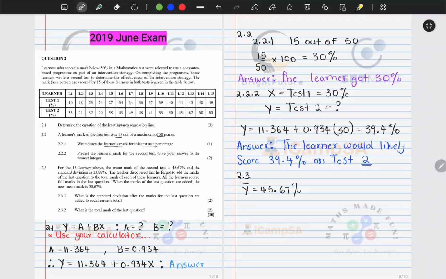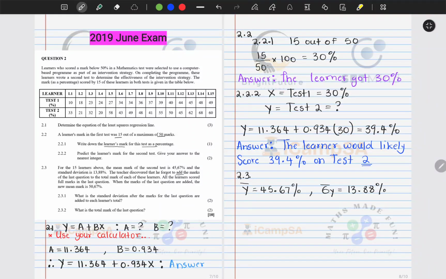Okay. And the standard deviation, so we're looking at the standard deviation for y, that standard deviation will simply be 13.88%. Then they say the teacher discovered that he forgot to add the marks.